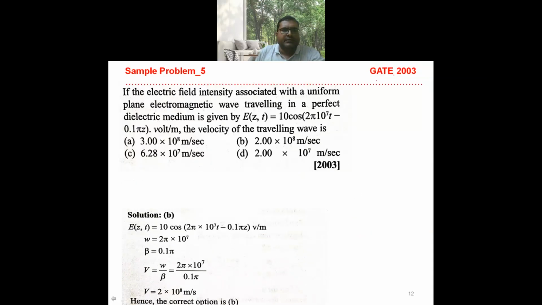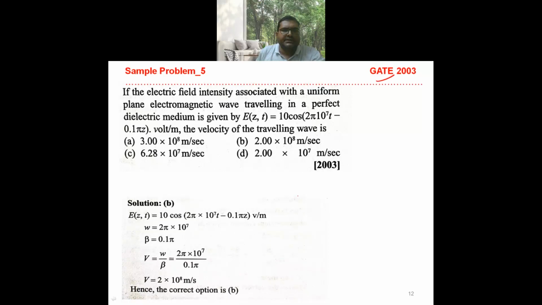One more GATE problem asked in 2003. It is to calculate phase velocity. Substitute the parameters omega and beta to determine the phase velocity. You can utilize the general solution 10 cos of omega t minus beta z.